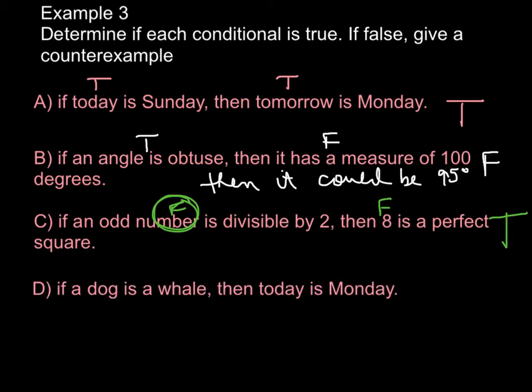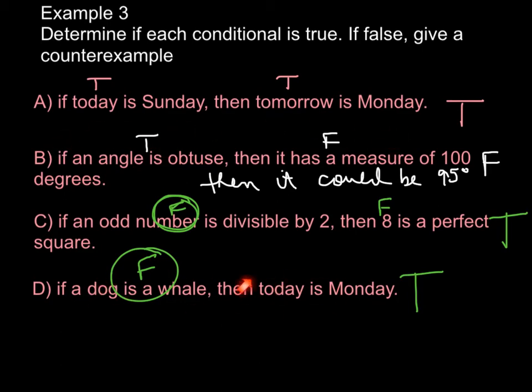All right, D: if a dog is a whale, then today is Monday. I know you want to put false. If a dog is a whale, well, first of all, a dog is not a whale, then today is Monday. Well, today could be Monday, we don't know. But because this first part is false, if you look at your chart, it has to be true. This statement is true. And by the way, you can't give a counterexample.